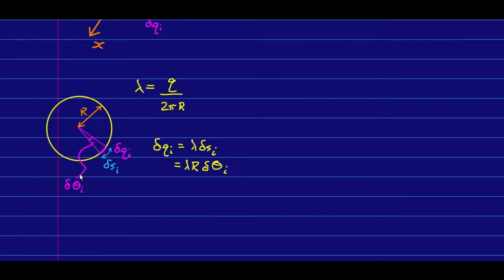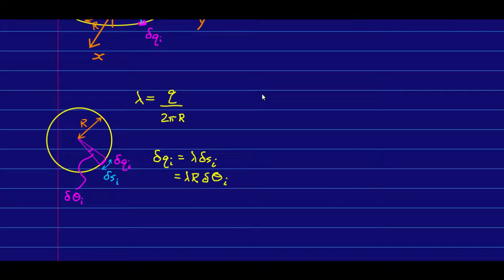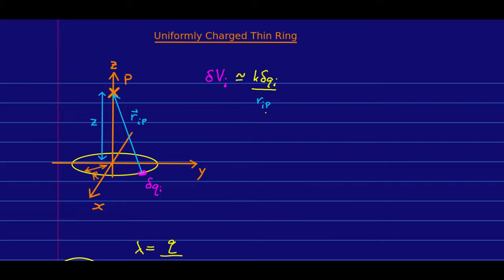We can define some little delta theta, and in radians then, if delta Qi is lambda times that arc length, then it's lambda r delta theta I. And once again, this RIP is going to be the square root of z squared plus r squared, just as it was before. And so that gives us our potential due to one bit of the ring.